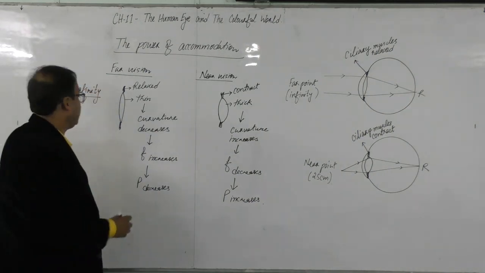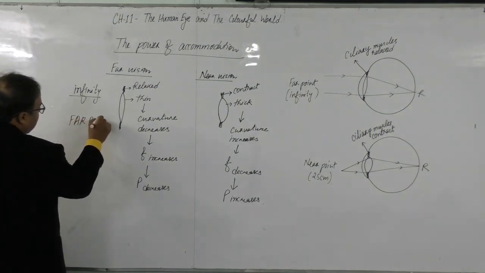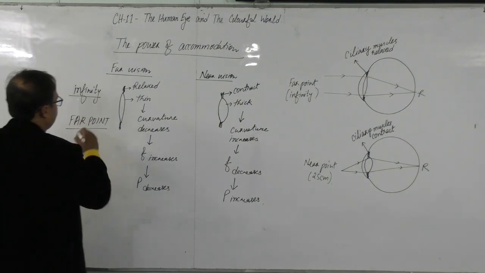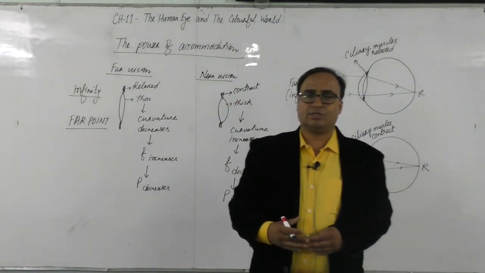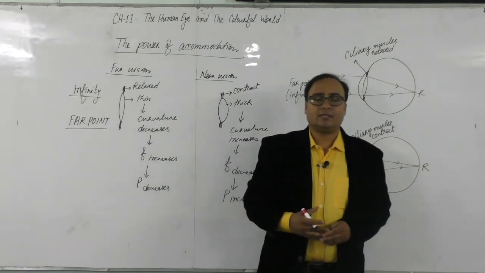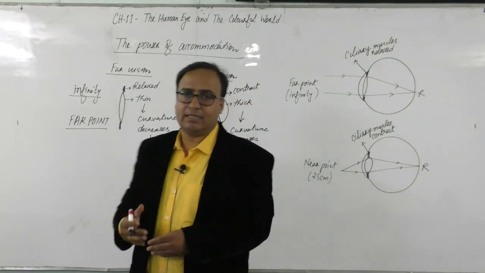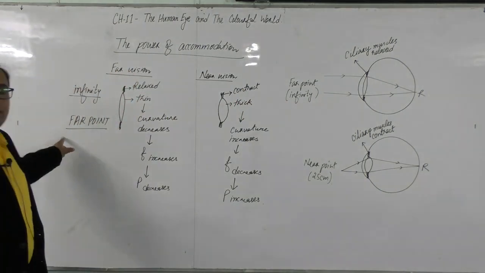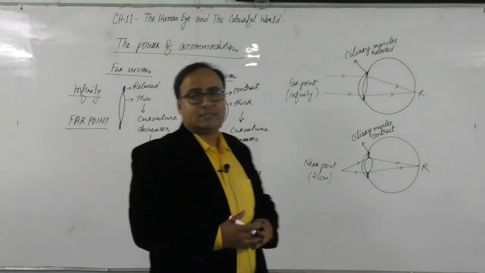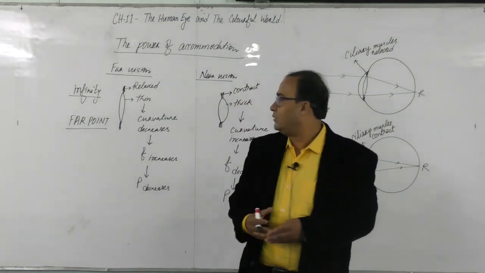Now, what is far point? Far point is the maximum distance to which we can see clearly. The maximum distance up to which we can see clearly with our eye is called what? Far point. And the closest distance up to which we can see clearly is called the near point.